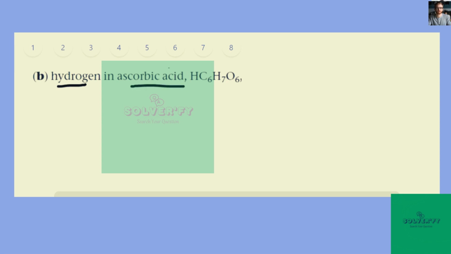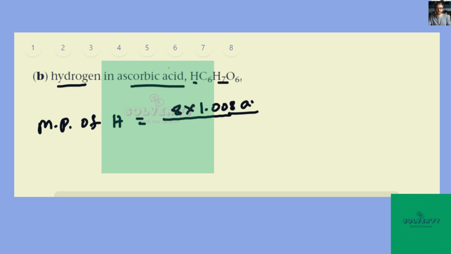The same way we can find the mass percentage of H. We have 8 hydrogen here, so we put 8 times the atomic weight of hydrogen, which is 1.008 atomic mass unit, and we put it over the formula weight of ascorbic acid.